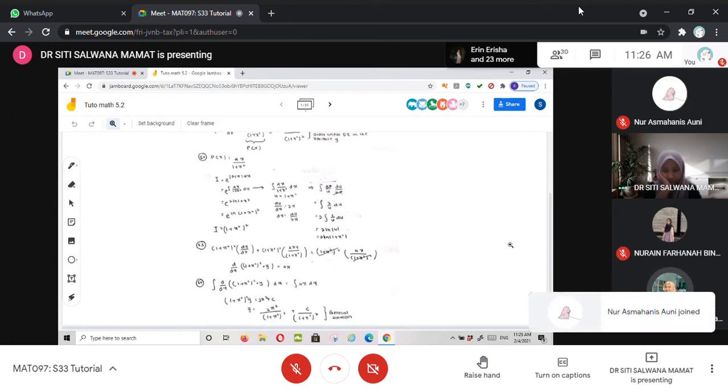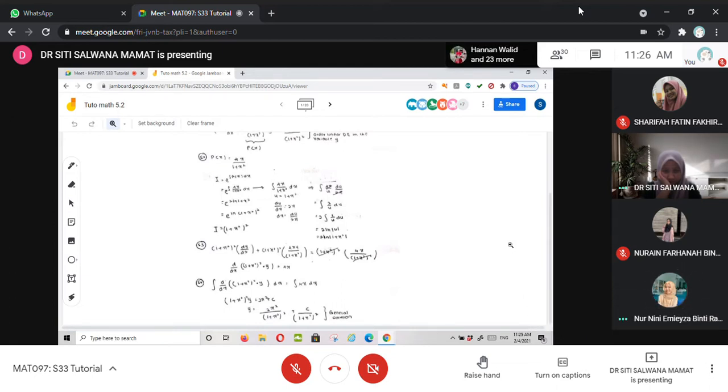Actually, the 2 in front we can move to become a power. So it is e to the ln of 1 plus x square to the power of 2. So our integrating factor is 1 plus x squared to the power of 2. And then next step, we need to multiply both sides of the standard form with the integrating factor.